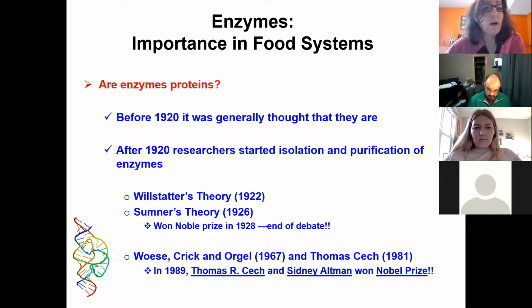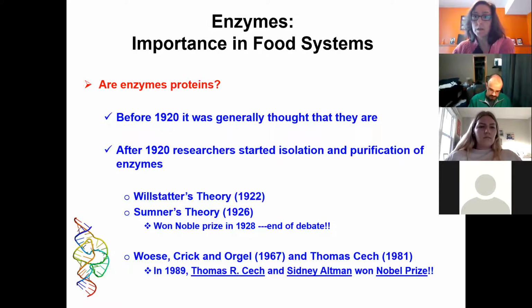Okay, so now why do I have here the structure of ribozyme? Because ribozymes have a catalytic activity similar to protein enzymes. So ribozyme is a type of RNA that basically catalyzes the synthesis of proteins.